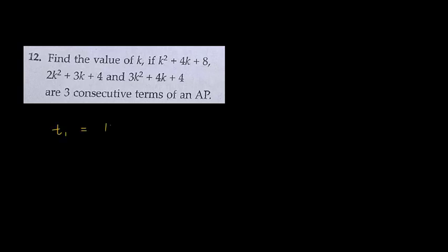T1 is written k square plus 4k plus 8. T1 means A. T2 is written 2k square plus 3k plus 4 and T3 is written as 3k square plus 4k plus 4.